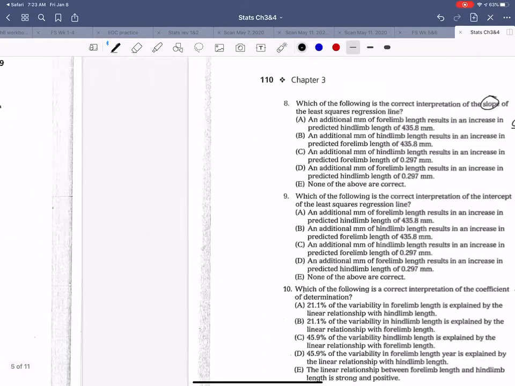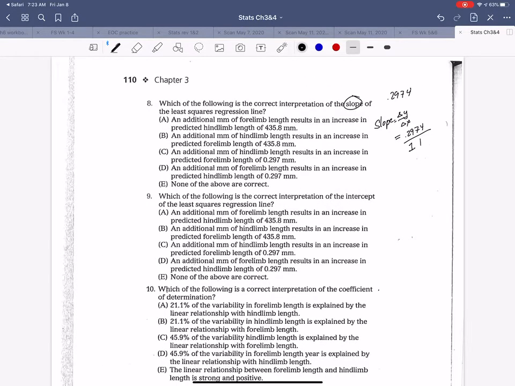Hind limb and forelimb. So for an additional hind limb, so I'm liking the B and C, it will increase, so that was a positive number. I like that. The predicted length by this number. Okay, so we found our answer. Our answer has to be C.